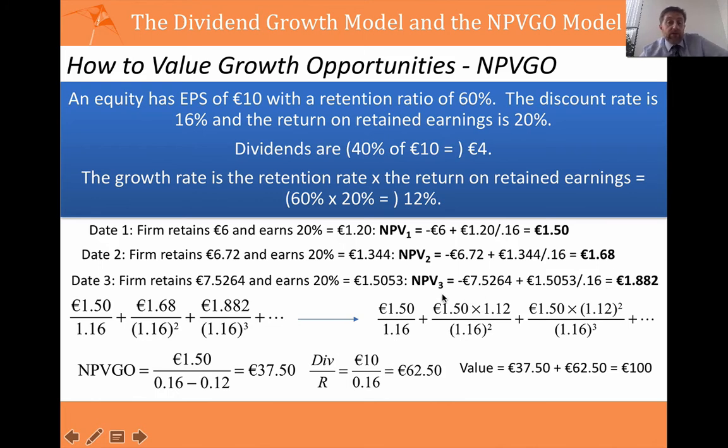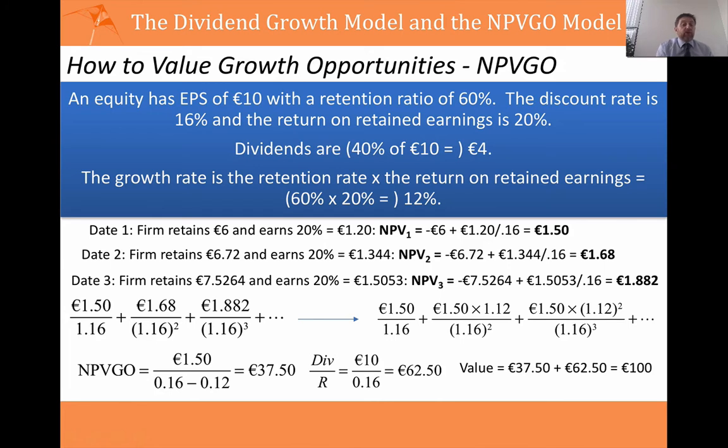So we're going to calculate the net present value at time 3. It's the investment plus the present value of the perpetuity. That gives us a net present value at time 3 of €1.882. So you're seeing here that if we then want to calculate, well, what's the value today?